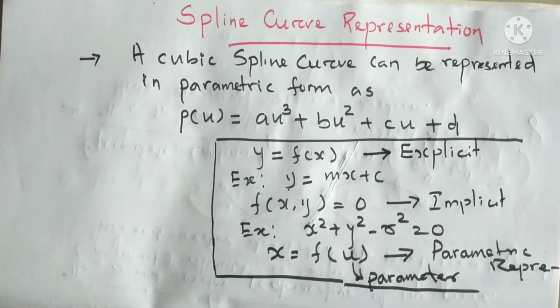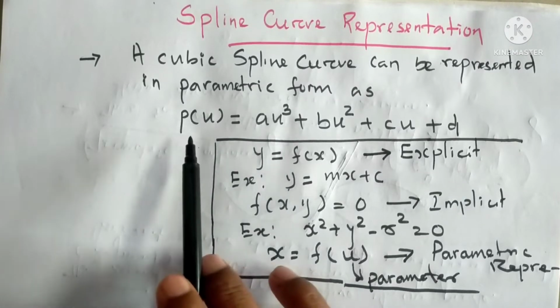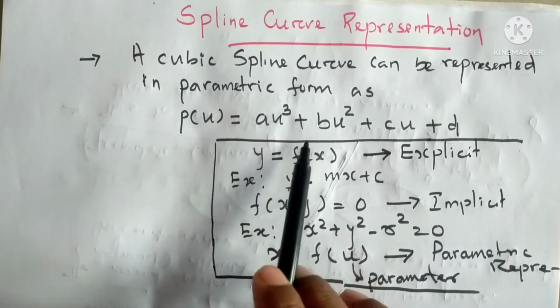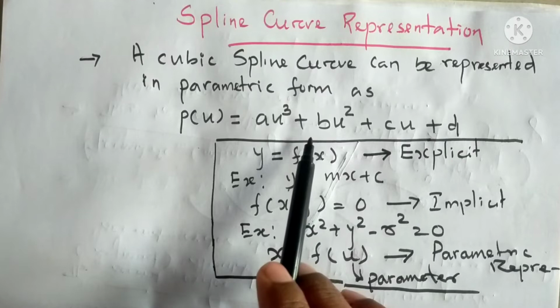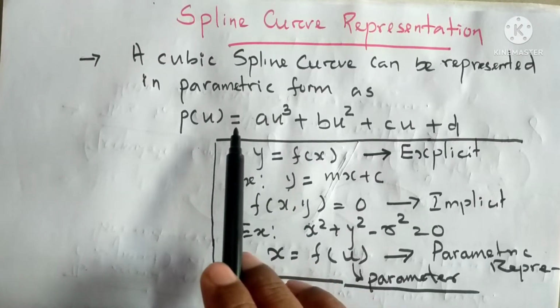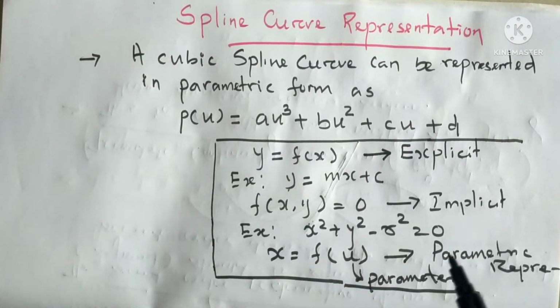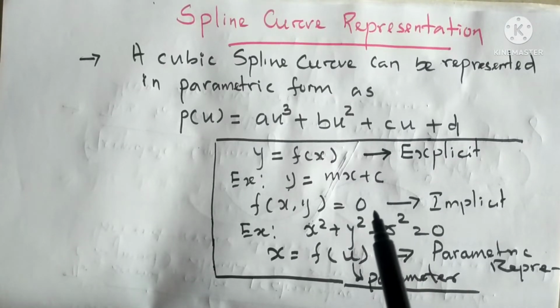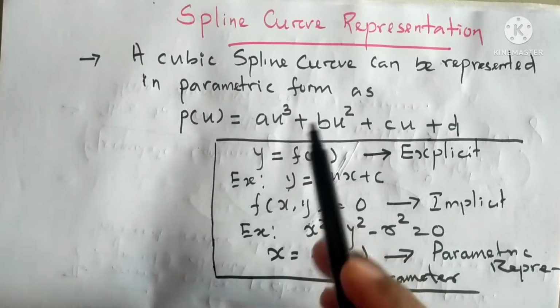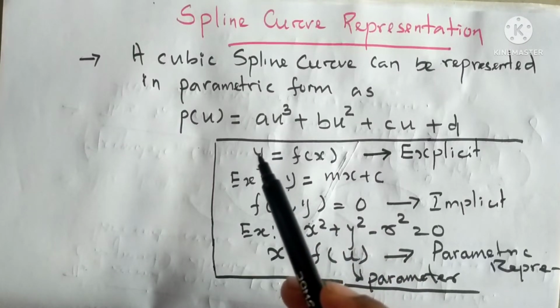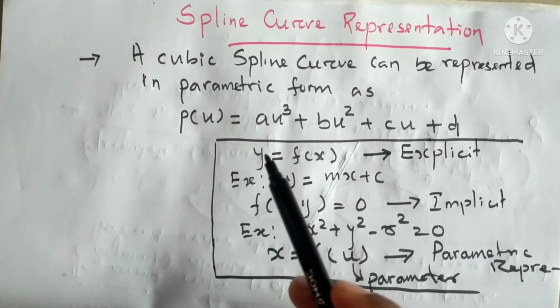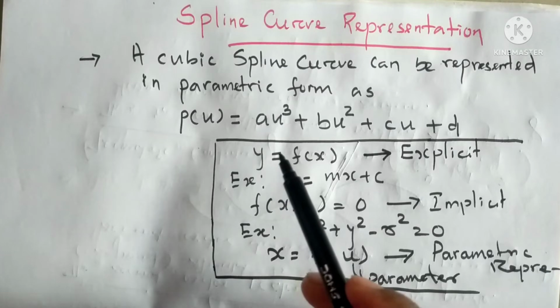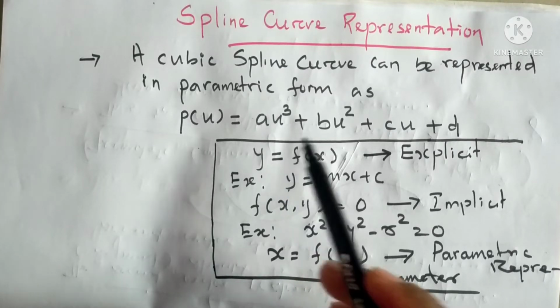Now, your spline curve is represented in the cubic format using the parametric representation. If you have a pixel or a point on that spline curve, how are you going to represent a point or a pixel in your spline curve?